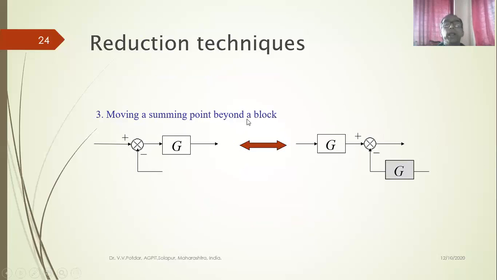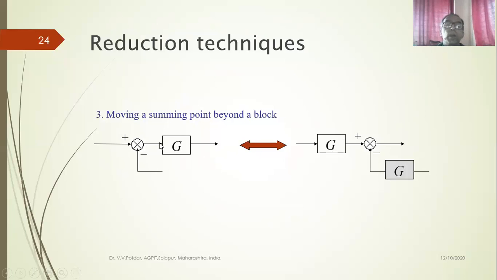Moving a summing point beyond a block. All these rules, friends, we have to remember. This is the summing point, and I have a block on the forward path. Now I want to move this summing point beyond the block, or take this block outside of the summing point. The equivalent block diagram is given.